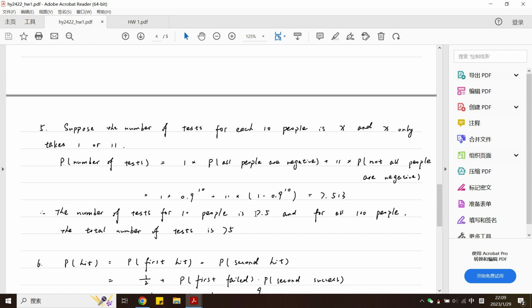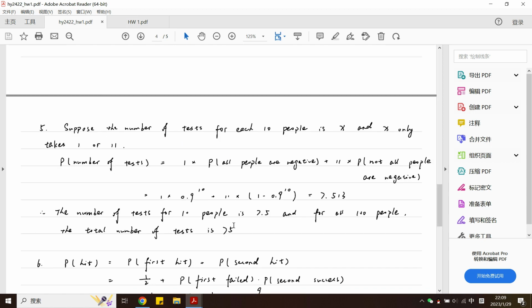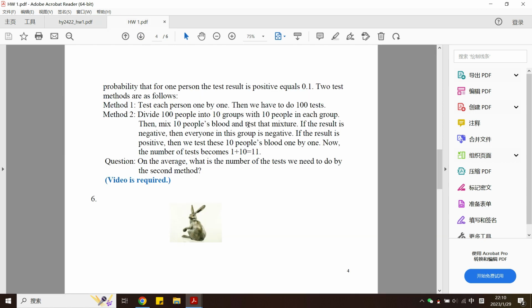So the number of tests for all the people is about 75. Compared with method 1, testing each person one by one, where we have to do 100 tests, method 2 is more efficient, and it only needs to do 75 tests in total.